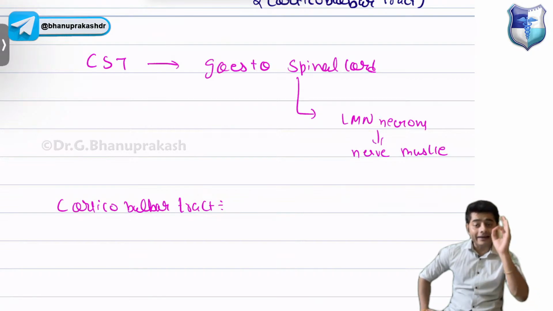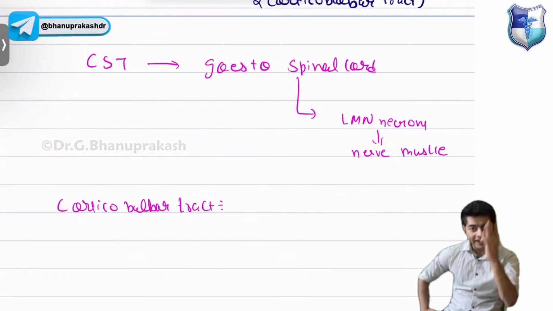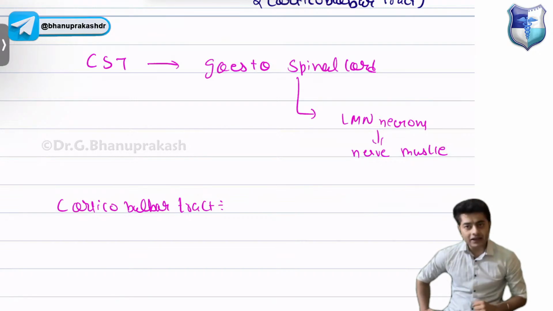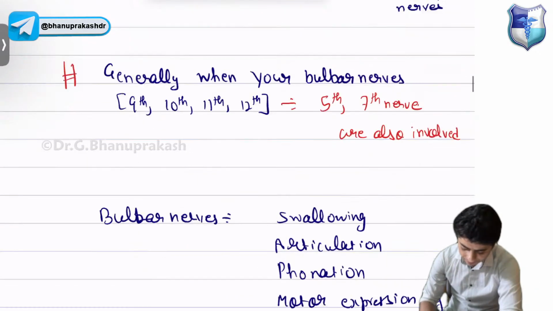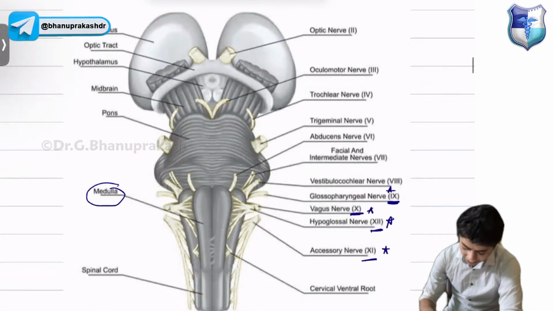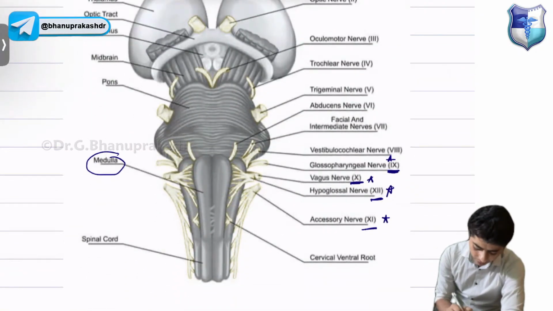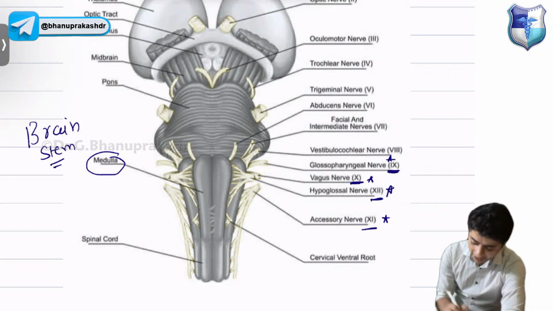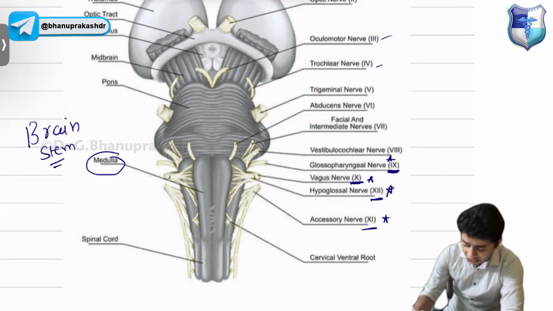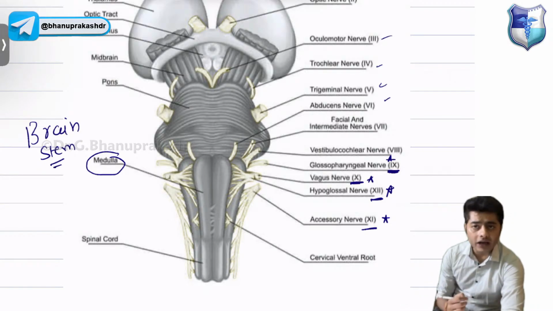For controlling the cranial nerve nuclei. Because in the brainstem, your cranial nerve nuclei are there. See this diagram. In this diagram, we are seeing that this is your brainstem, and from the brainstem these cranial nuclei are coming.